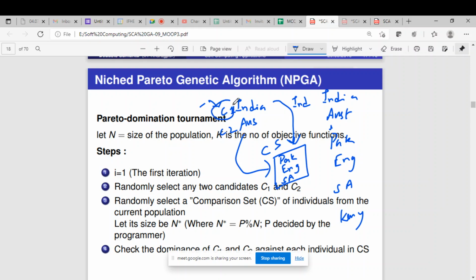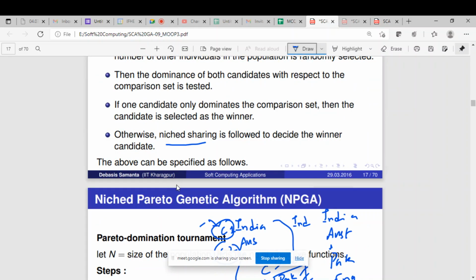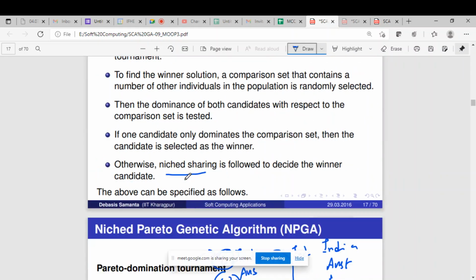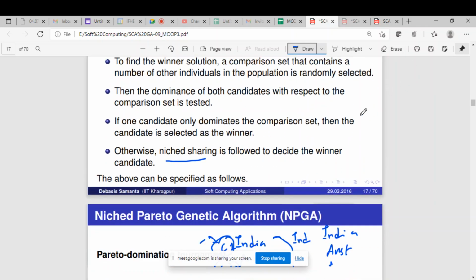If C1 also wins against everybody in this comparison set, and C2 also wins against everybody in this comparison set, then you have to follow what technique? Yeah, niche sharing, right?